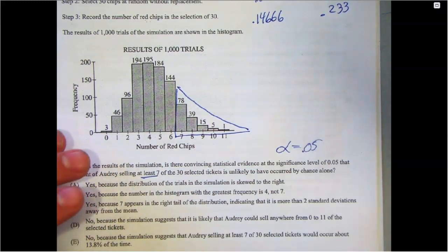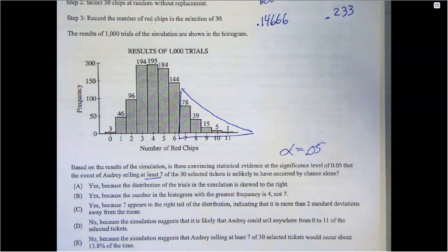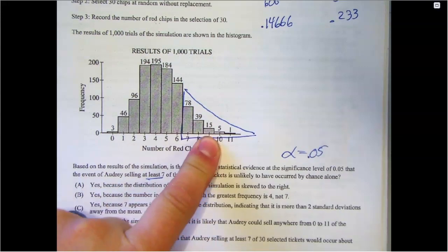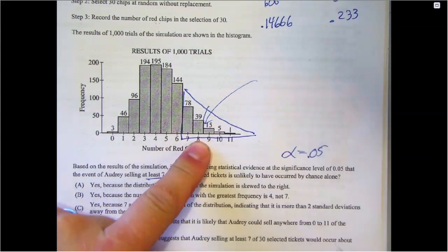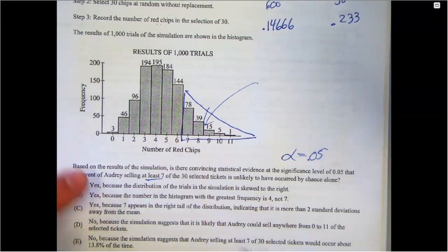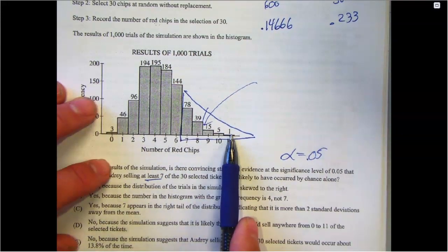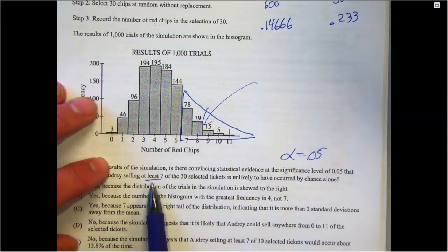Hopefully that reminds you of shading one tail of the normal curve. That's what we're doing here. And the size of this area is my p-value. There's a section like this on Khan as well. So we're going to count how many of these were 7 or more. This is at least 7.